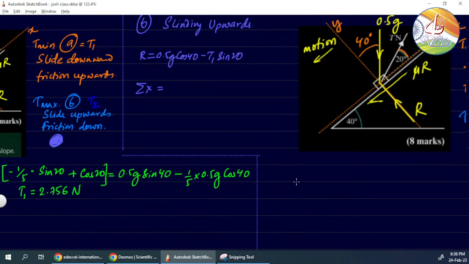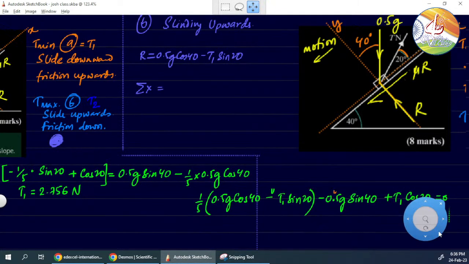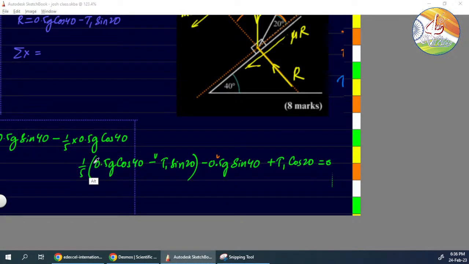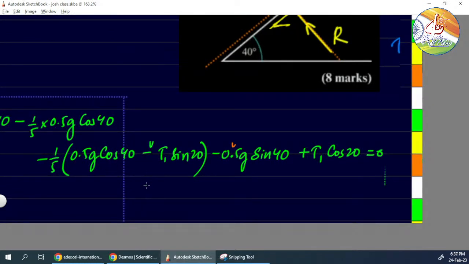So let me keep it here. The difference is that we will get is negative, right? So when you take that negative, the t1 terms will become positive. So this term becomes positive, that is 1 by 5 sine 20, and this will be positive again.